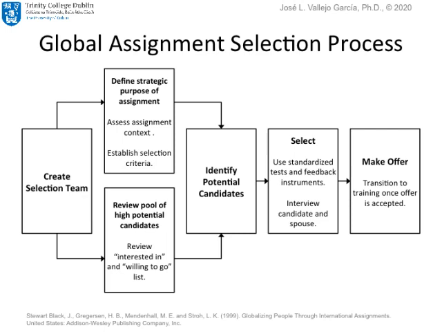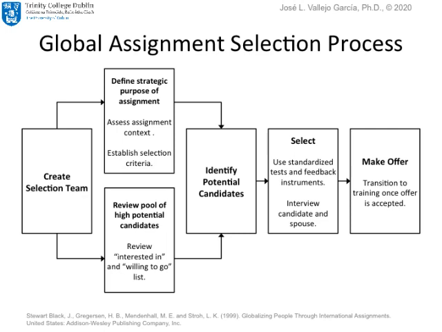selection criteria. As I said, at the same time there's a review pool of the high potential candidates to cover a position for expatriation. A review of who is interested in and willing to go, because as we mentioned before in another lecture, not everybody is ready and not everybody wants to go on assignment.